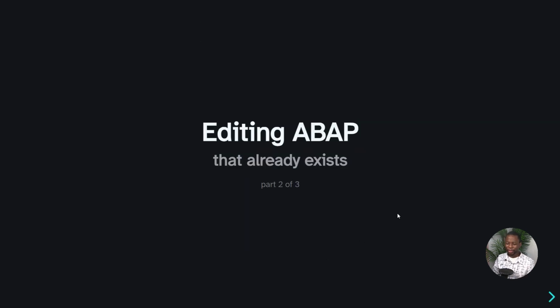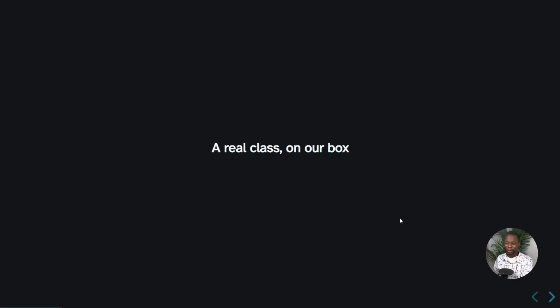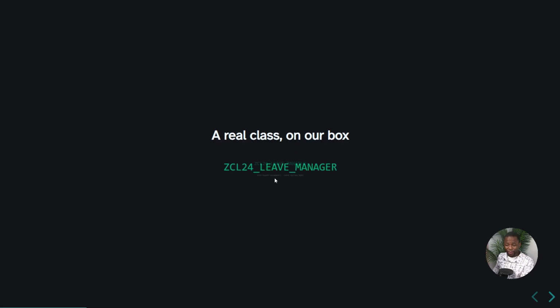So like I said in the previous part, we need to edit the ABAP that already exists. And to do this, we need a real class on our development system. And then we have this ZCL24_leave_manager class. This class we already saw in the previous slides, and our agent was able to read the class and what it does.